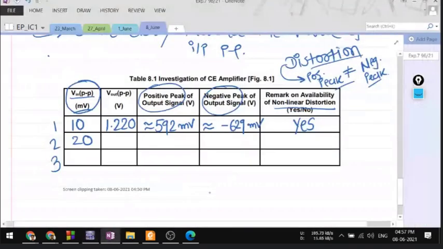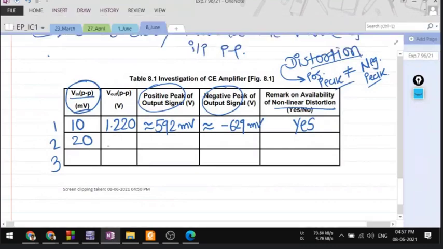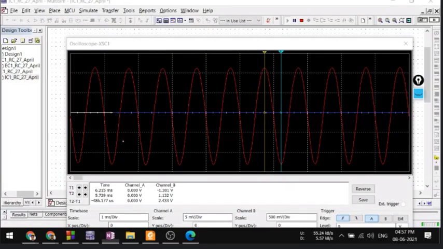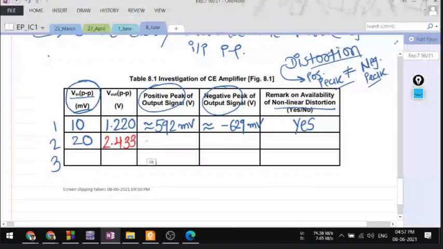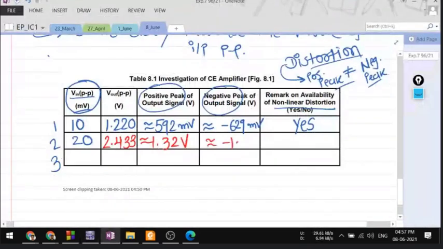So let's write down. Your second reading is how much? You are getting 2.433 volt peak to peak, right? Where the positive peak is 1.132 volt approximately, and the negative voltage is minus 1.3 volt.